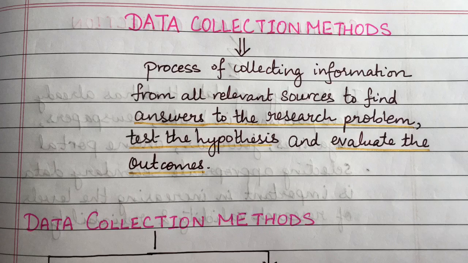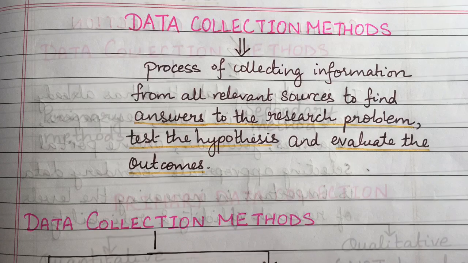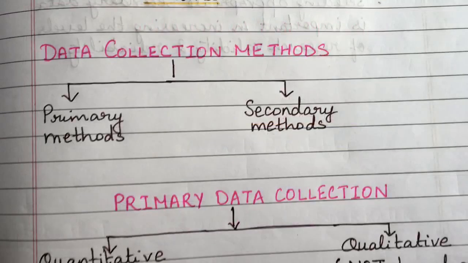So when you are at a point in your research study where now it's time to collect relevant data, there are various ways you can do that depending on the research problem you have picked for your study, and those data collection methods can be divided into two categories: primary methods of data collection and secondary methods of data collection.